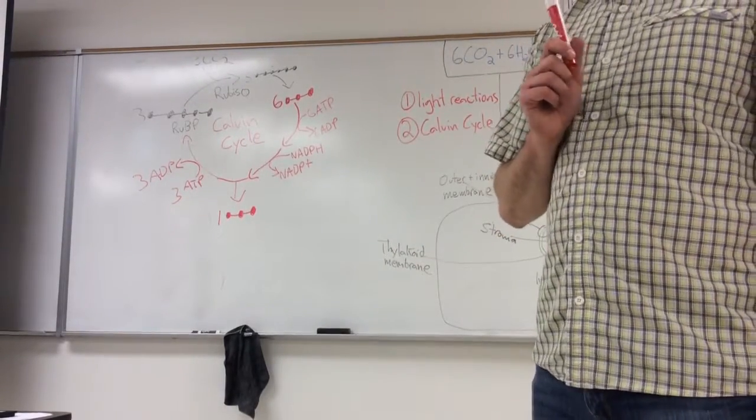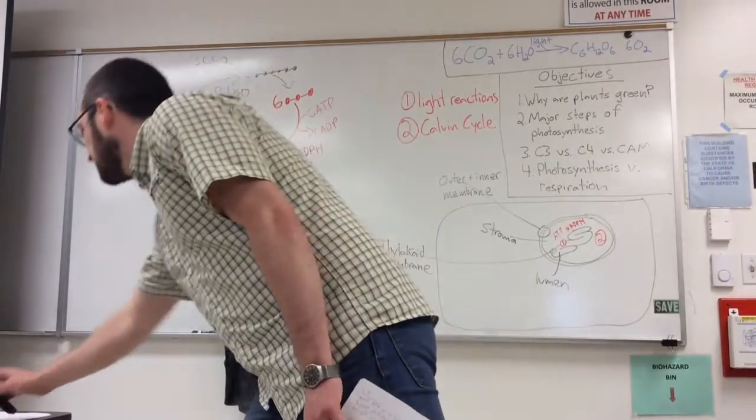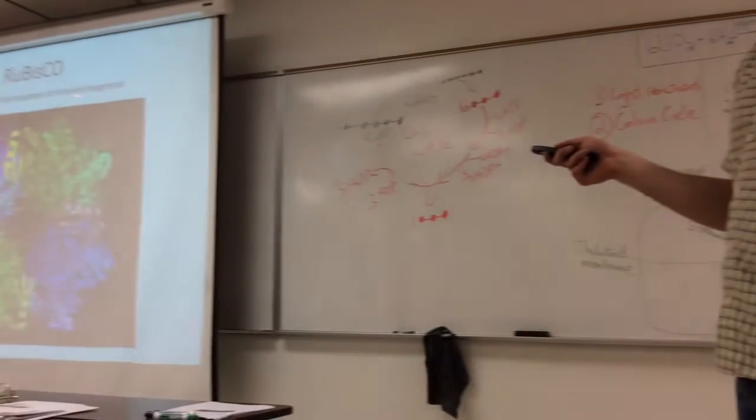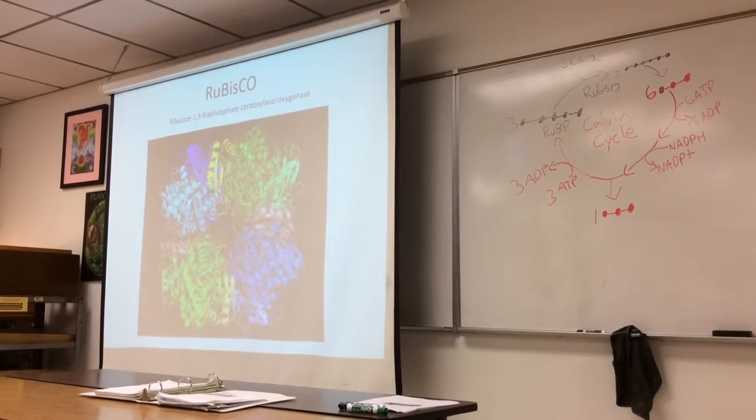But Rubisco has a problem, and that problem is this oxygenase activity. The way the enzyme is structured, it can actually bind O2 instead of CO2 and then try to attach that to our RuBP.